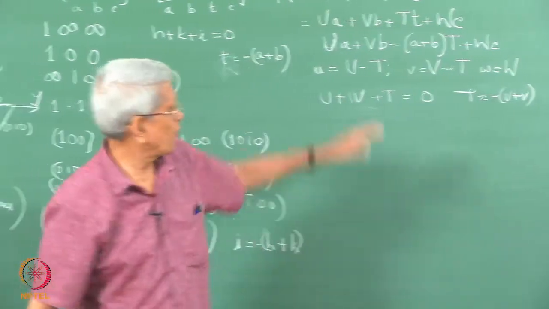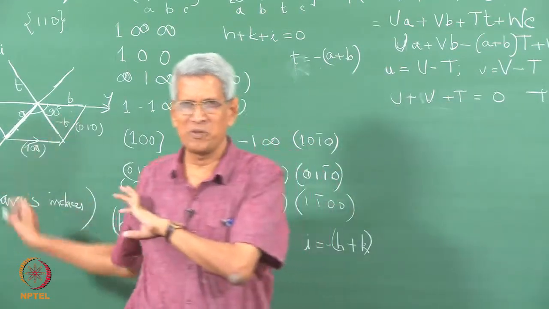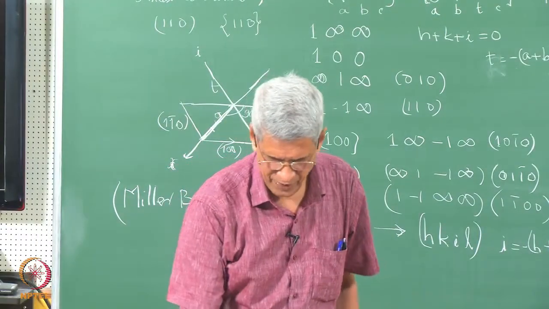This is the only place where we have used mathematics; otherwise all of them are coming out as a natural consequence of the crystal structure itself, correct. We have not done anything else.